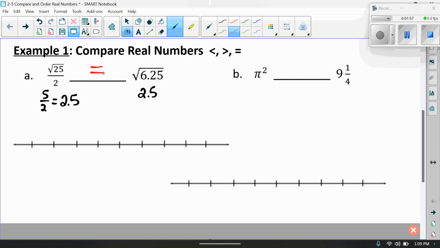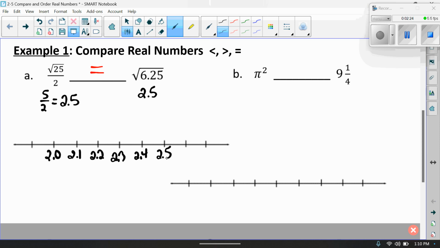When we put it on the number line, we're going to use tenths. So let's do 2.0, 2.1, 2.2, 2.3, 2.4, and 2.5.